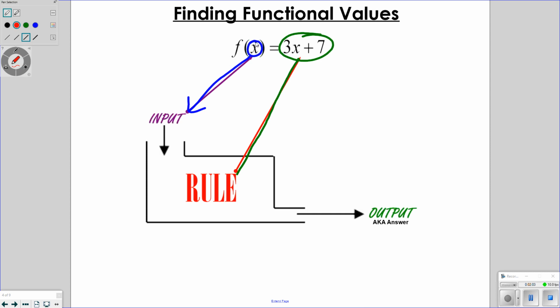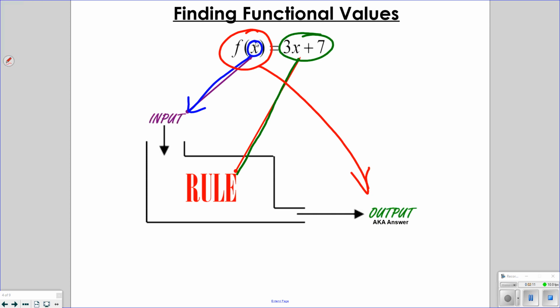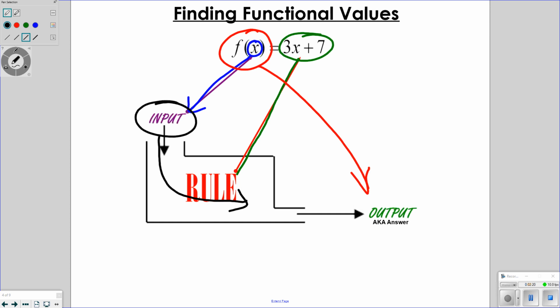Our output is this whole thing right here. That's our output. So basically, you can think of this as a machine. So you put in your input, you run it through the rule, and then it spits out an output. So it's like a machine.